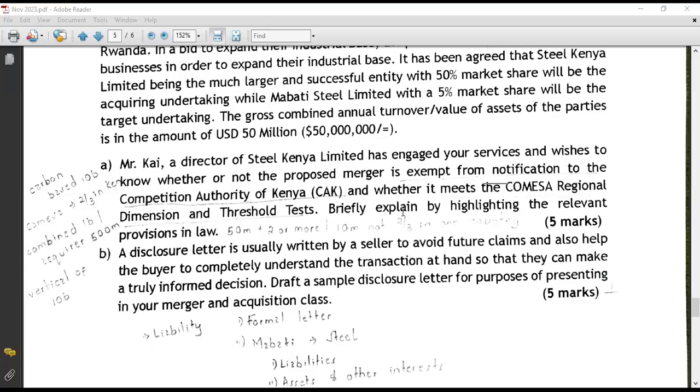So this question is repeated again. It was asked in March, exactly the same thing, and it has been repeated in November again. The exact thing. So what does that tell you? I told you it might come.